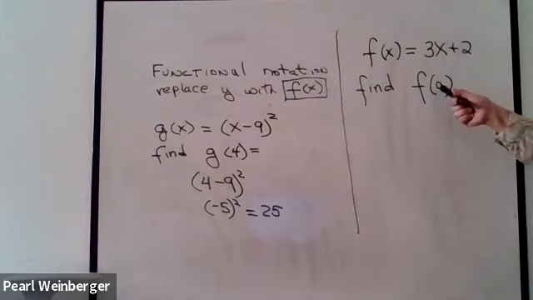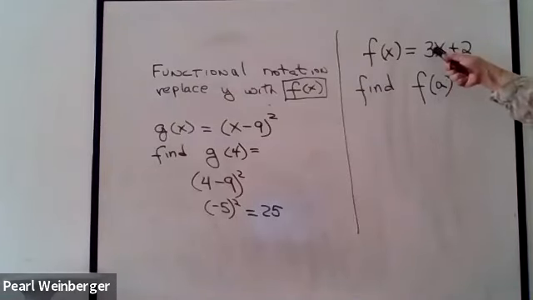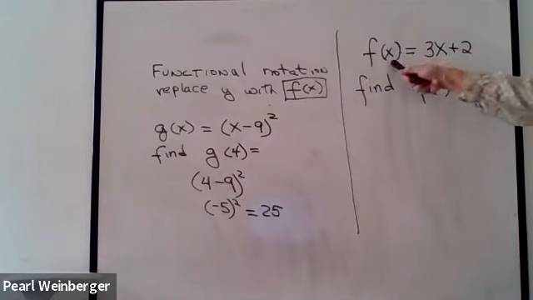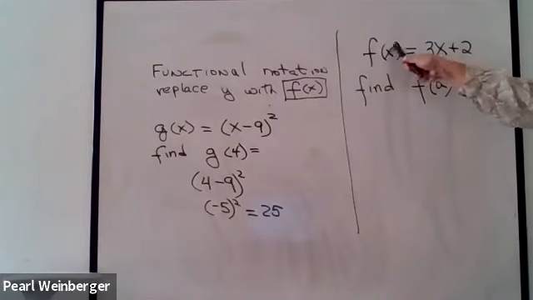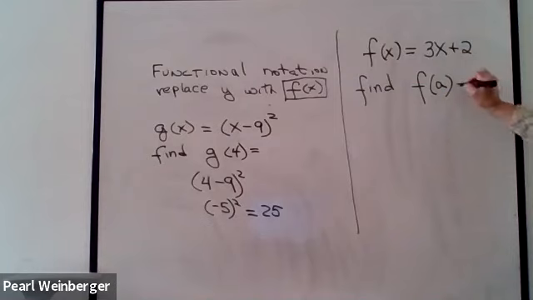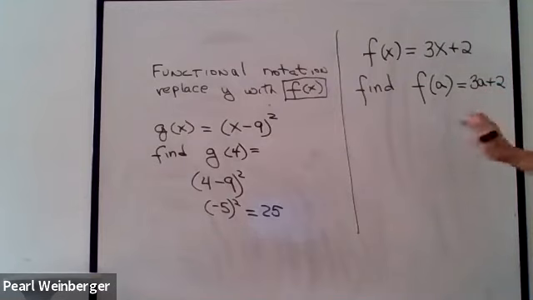Even though a is not a number that I know, it represents a number, and all it means is to go to your original function, and wherever you see an x on the second side, you replace this x by a. So that'll give you 3a plus 2. Notice you can't simplify this any further because these are not like terms, but your f of a is 3a plus 2.